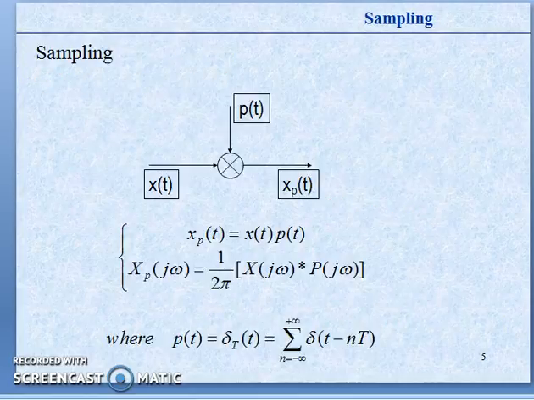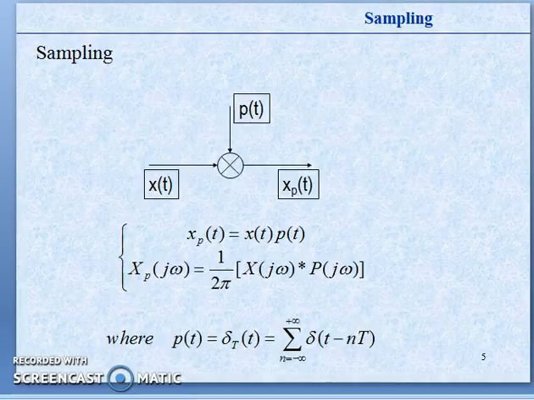Again, same approach: x of t is an analog signal multiplied with p of t to get a sampled version called xp of t. Mathematically, sampling can be obtained by using a product modulator or a multiplier which takes the analog signal and the impulse train. Let us apply the Fourier transform on both sides.